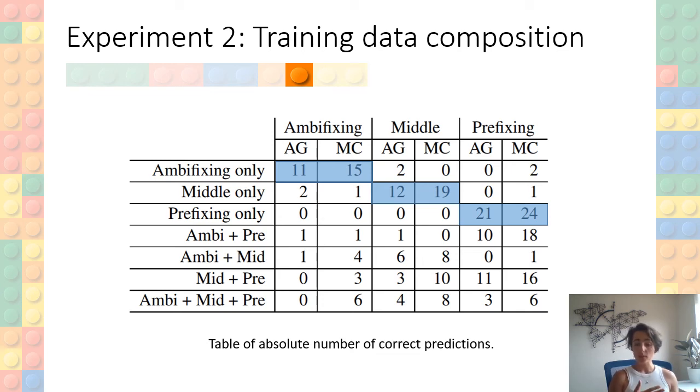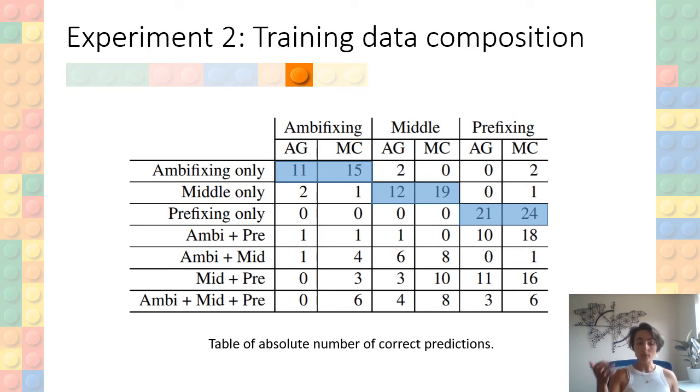So when you split the type of verb into 2, in this case the system only gets to see 193 instances of ambifixing. This is nowhere near enough to actually be able to capture those patterns. And then when we go to ambifixing and middle, we see some transferability between the two, but again, the middle verb actually performs better.